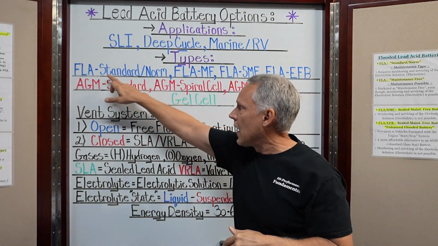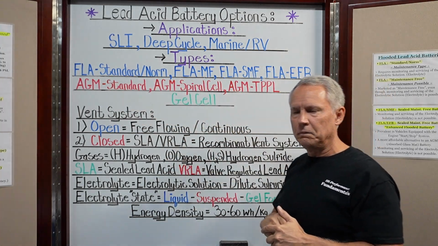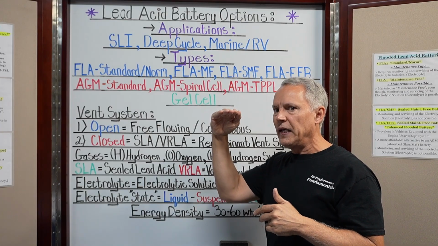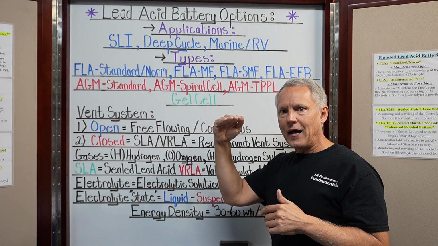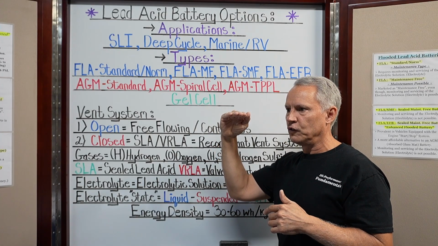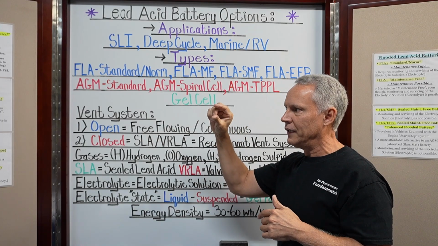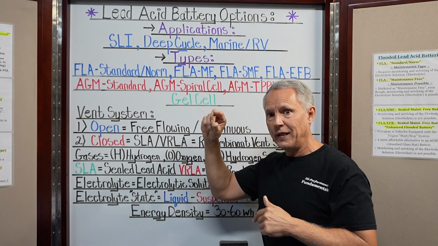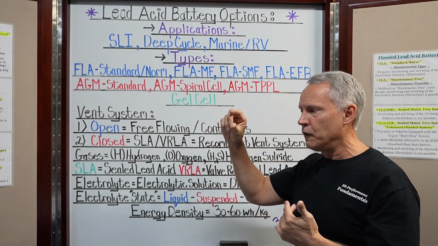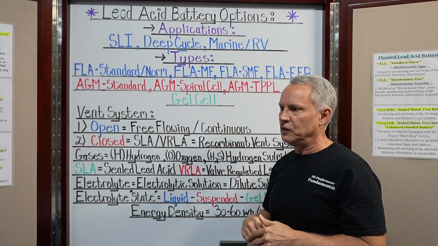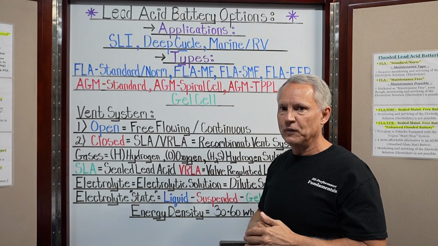That means that over time, in an open vent system, you're going to start to deplete the amount of water in that electrolytic solution, and it's going to become less and less, exposing the top of your positive and negative plates, also known as your cathodes and your anodes, which can be damaging, and actually will be damaging.